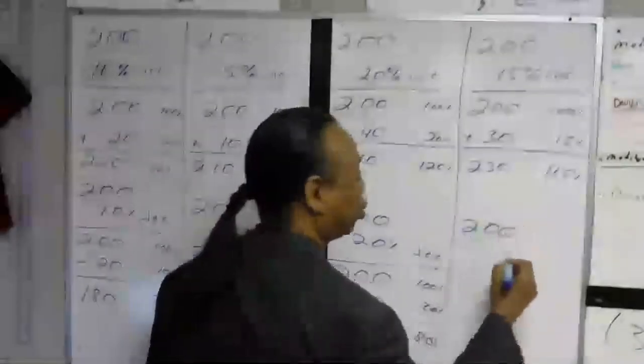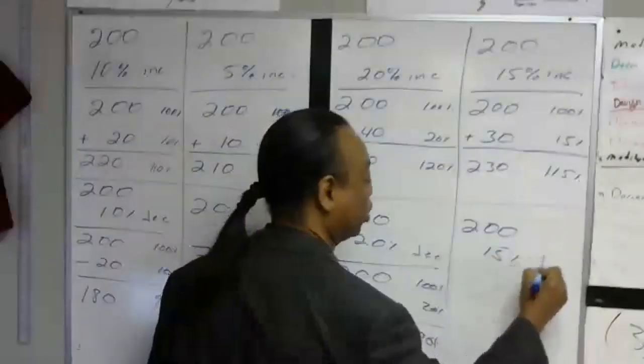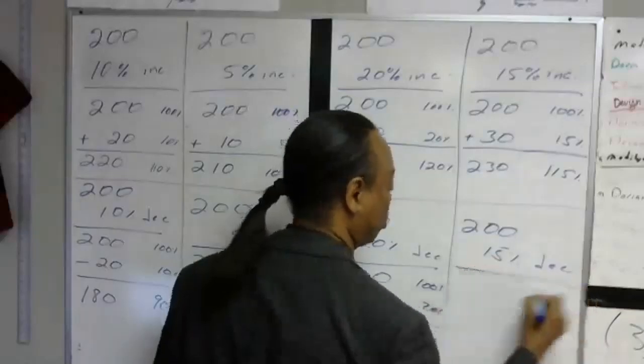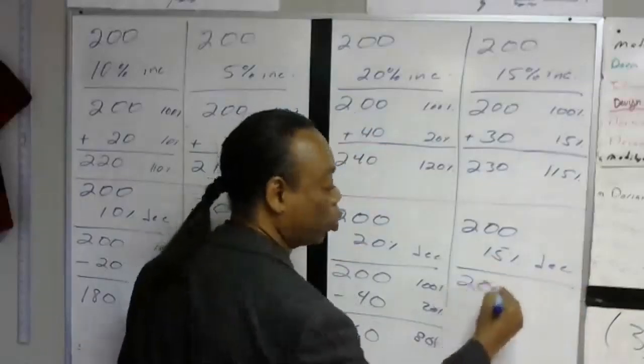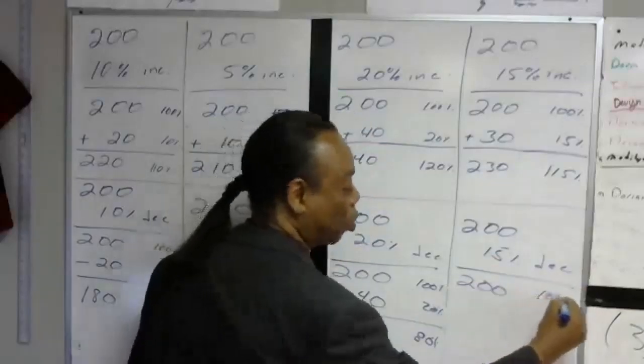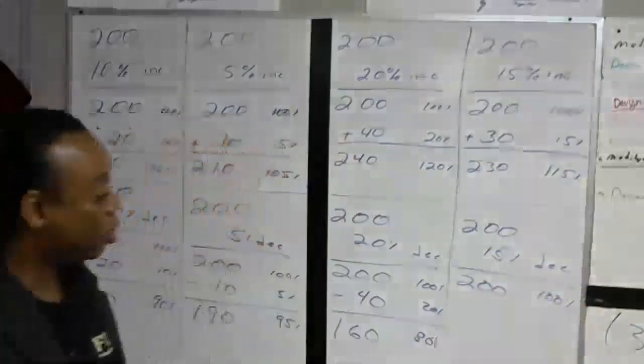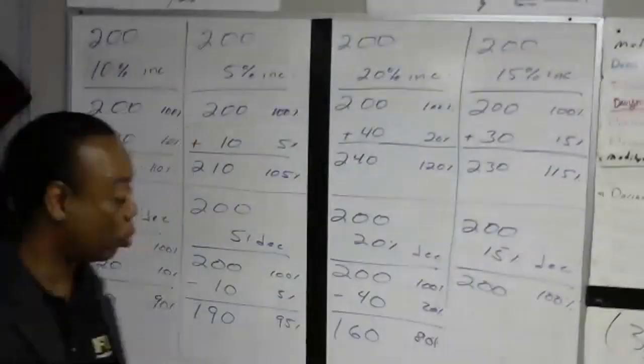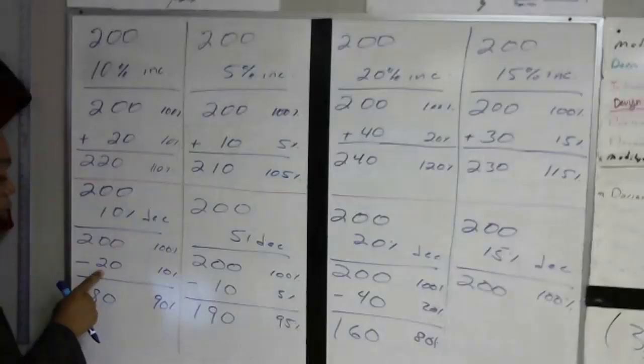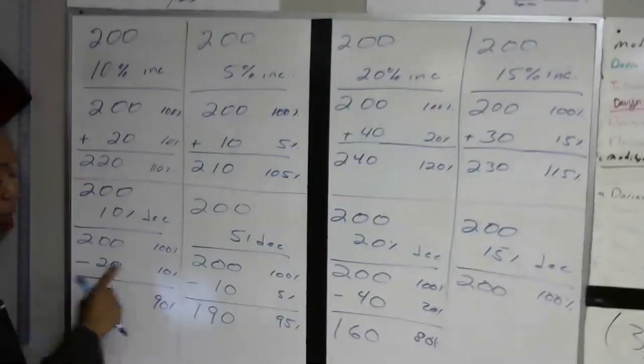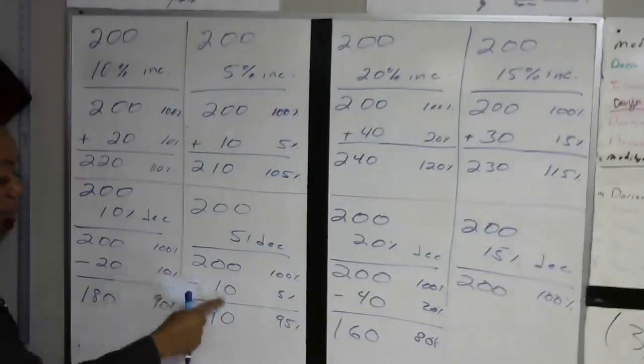And finally, 200 with a 15% decrease. We start with 200. That represents 100%. Okay, to find 15%, we go back to our 10%, which is the 20, and the 5%, which is the 10, and we add those two.